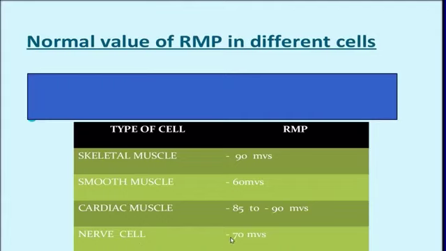So the resting membrane potential is between -70 and -90 millivolts.